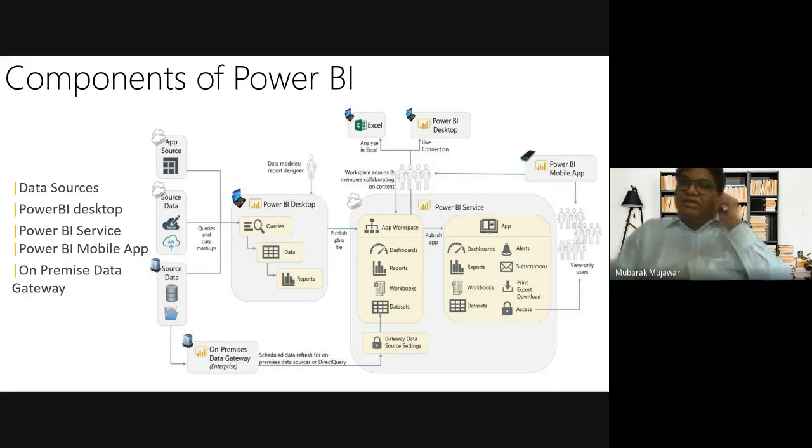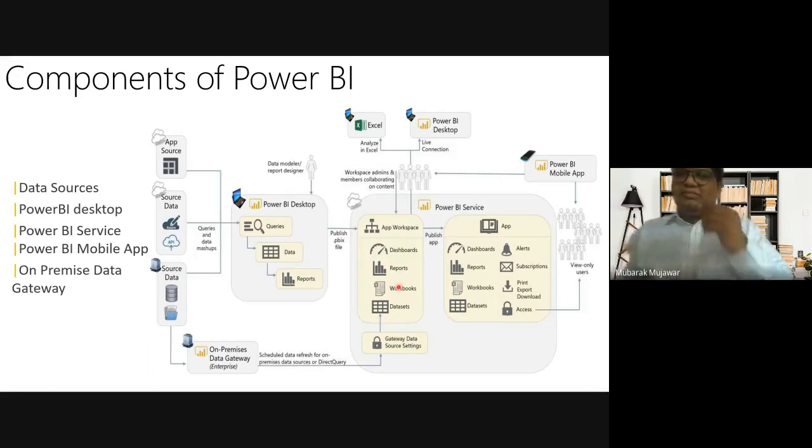The first component is the app development workspace. You can create different dashboards, reports, workbooks, and data sets, and from these you can create a workspace for developing certain apps. Once the app is developed and published, you can use it to create alerts, to make sure you are getting proper subscriptions, to give access to particular people, or to print and export your reports.